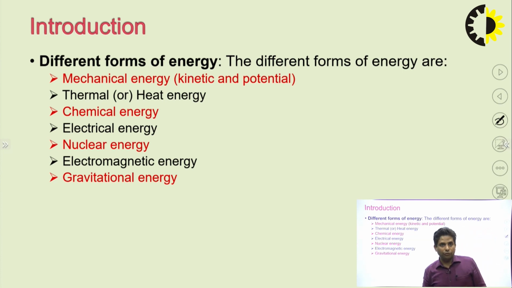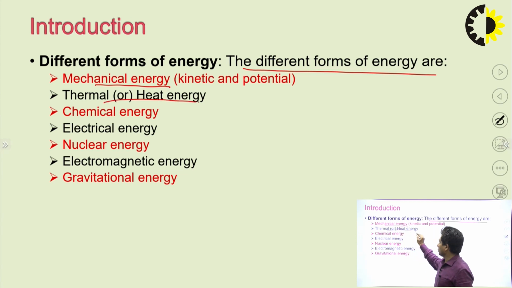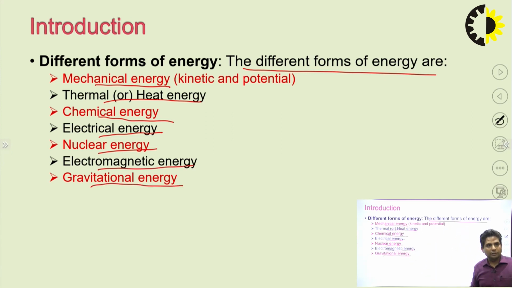Now we move on to find out the different forms of energy. The different forms of energy available are mechanical, thermal or heat energy, chemical energy, electrical energy, nuclear energy, electromagnetic and gravitational. So we can define seven classifications of the different forms of energy available with us.